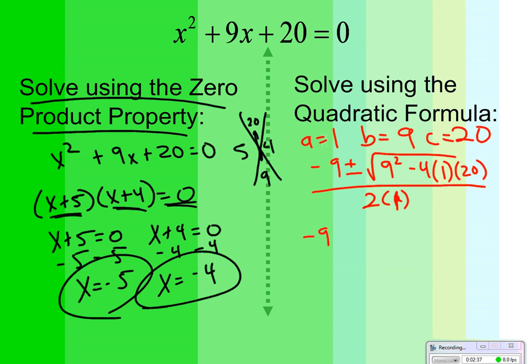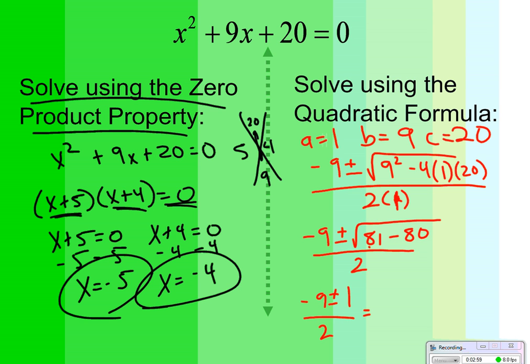Simplified, that becomes -9 plus or minus 9 squared, which is 81, minus 4 times 1 times 20, which is 80, all over 2. So that becomes -9 plus or minus 81 minus 80, which is just 1. The square root of 1 is 1, all over 2.